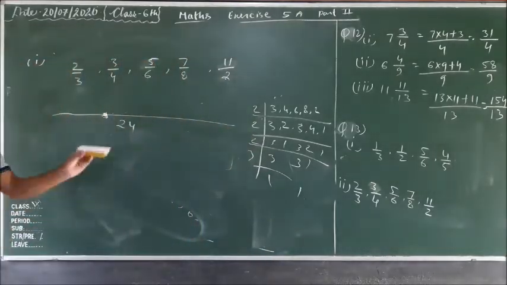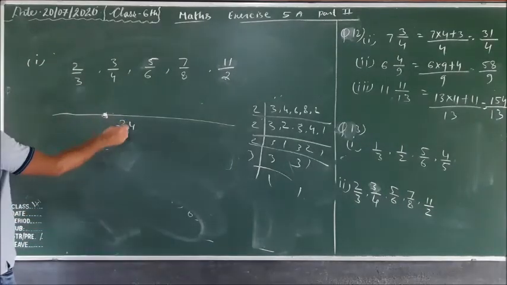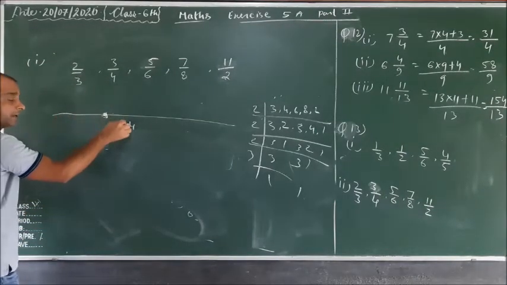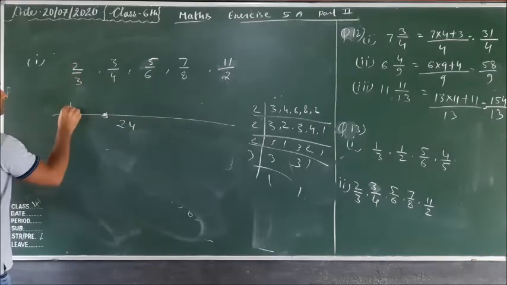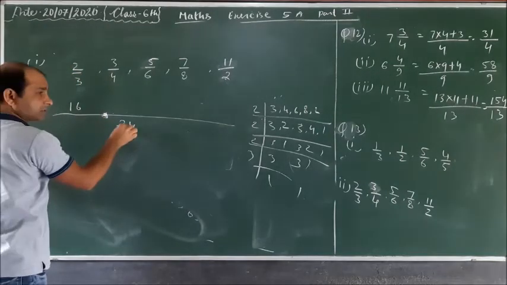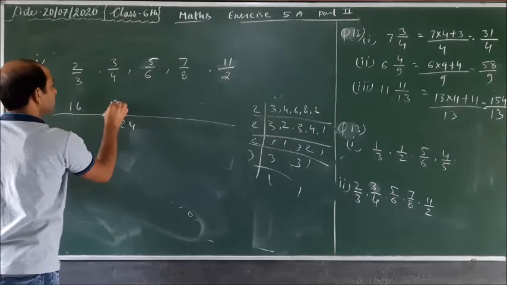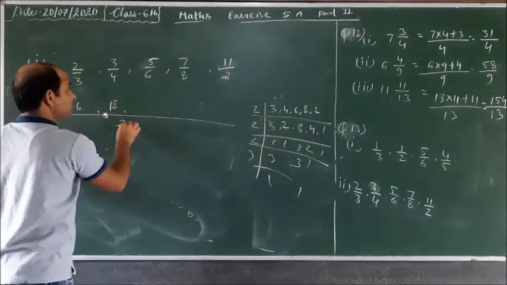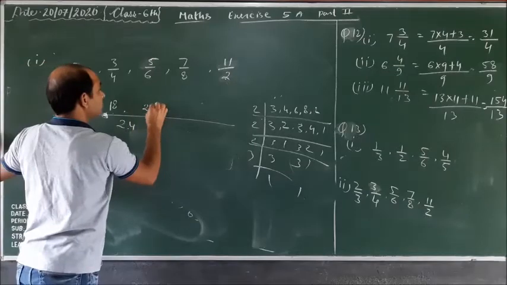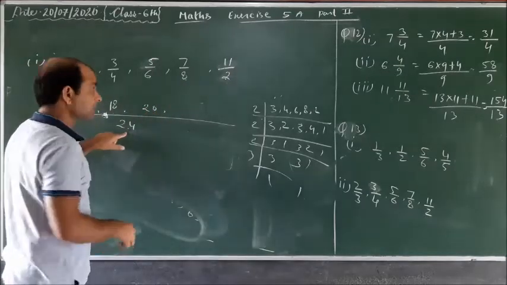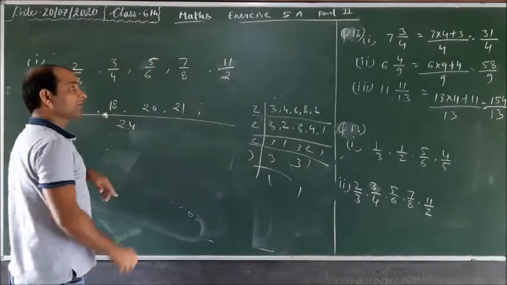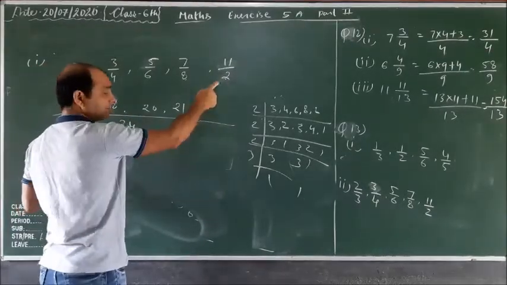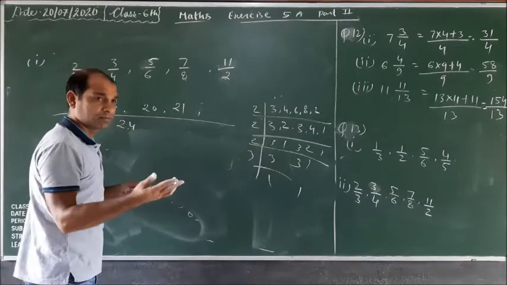Your LCM is 24. Now LCM divided by the denominator, 3 8s are 24, and 8 multiplied by the numerator, 8 2s are 16. 4 6s are 24, 6 3s are 18. 6 4s are 24, 4 5s are 20. 8 3s are 24, 3 7s are 21. 12 2s are 24. 24 divided by 2, your quotient is 12.